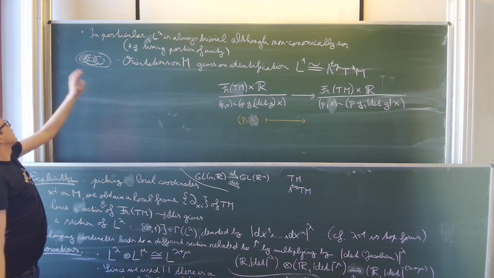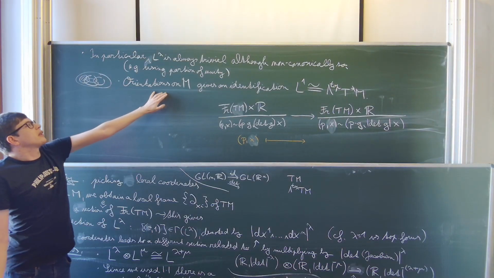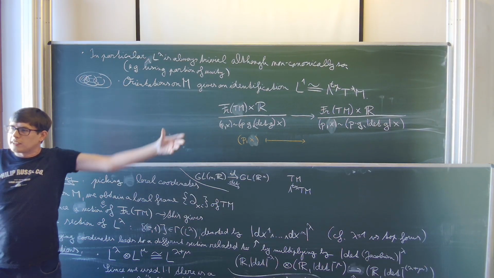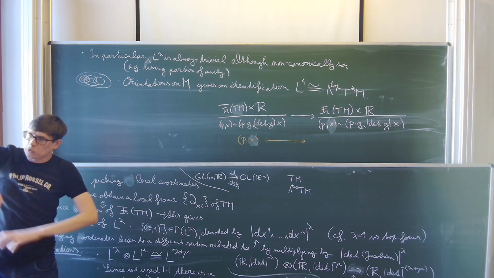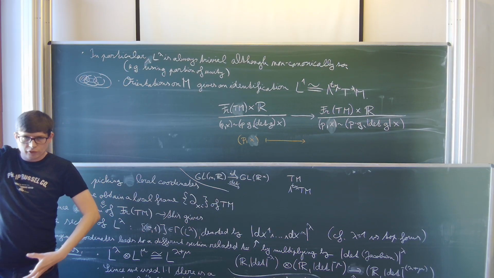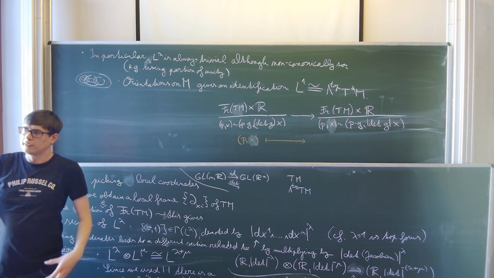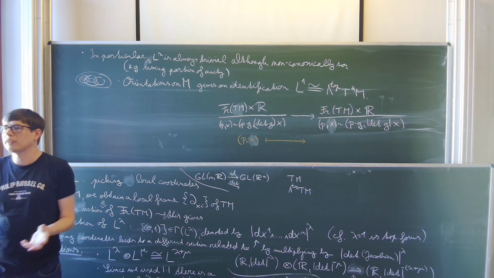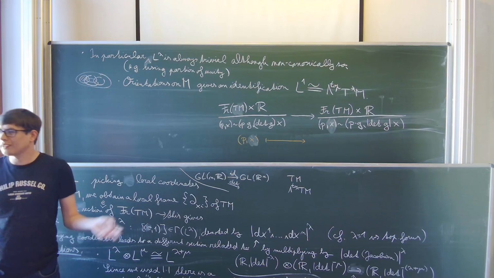Now I should probably remind you what orientation means. One way to say what an orientation on a manifold is: at every point, I separate my frames into two groups. The frames always form two disjoint connected components, depending on whether they are left-handed or right-handed.